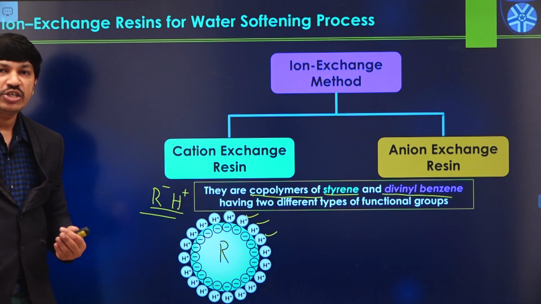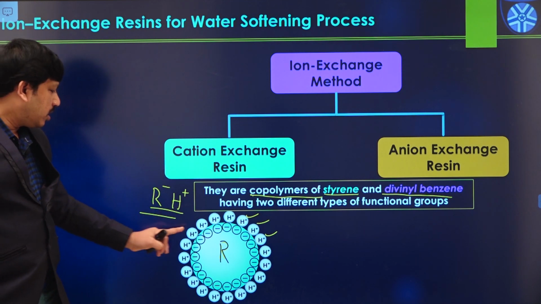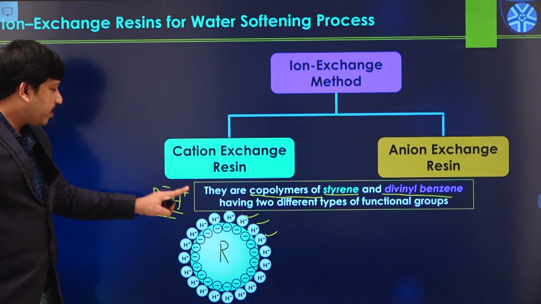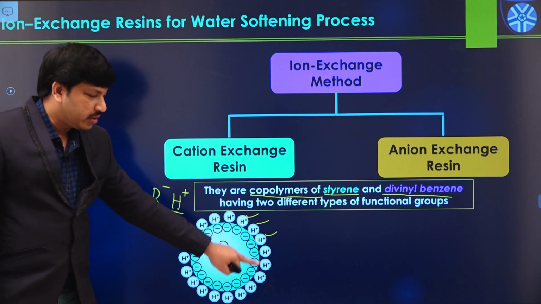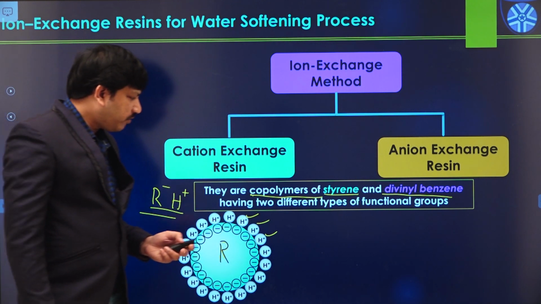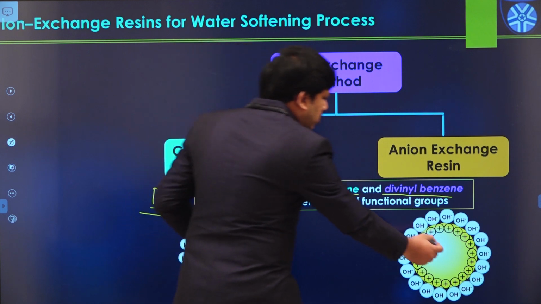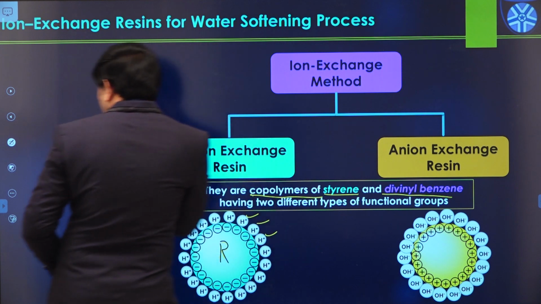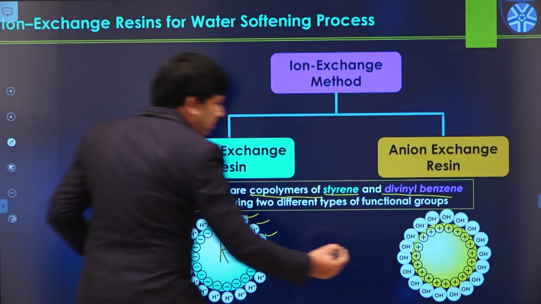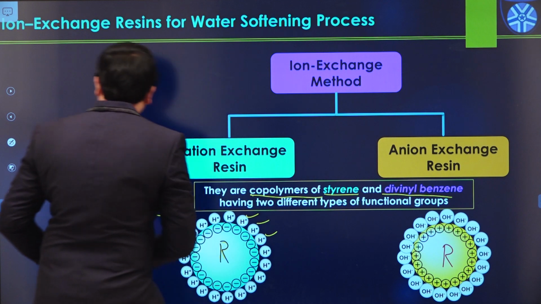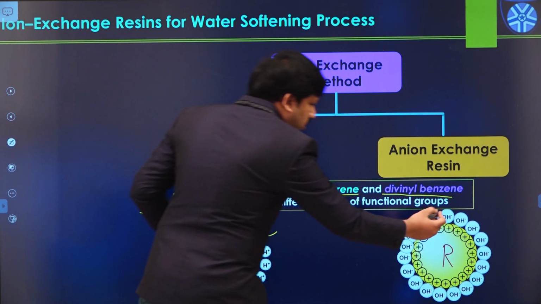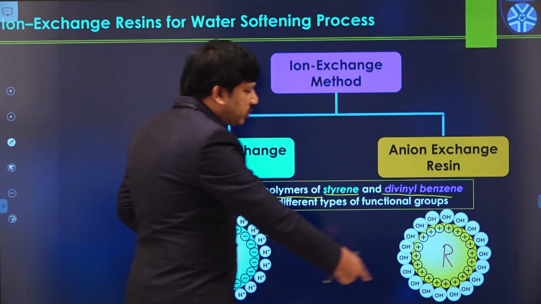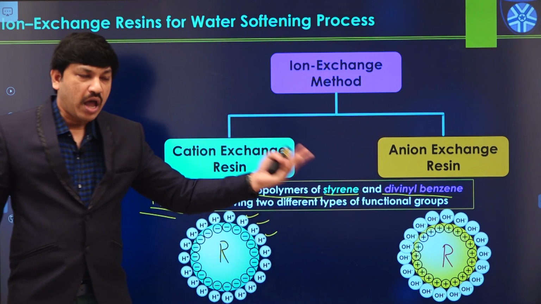So this is the representation of the cation exchange resin. R minus means the resin substance contains a lot of negative charge, and each negative charge is stabilized by a proton, H plus, like this. Similarly, this is the representation of anion exchange resin. This is also a resin molecule, but this time the resin contains a lot of positive charge, and that positive charge is neutralized by replaceable anions like OH minus.